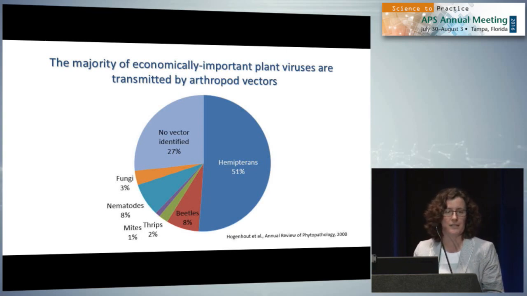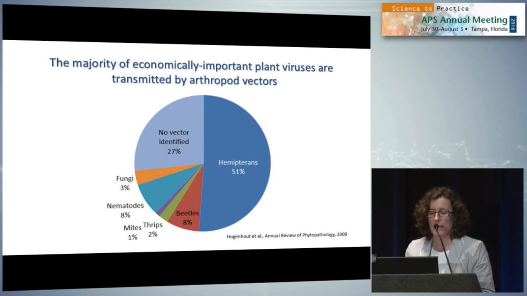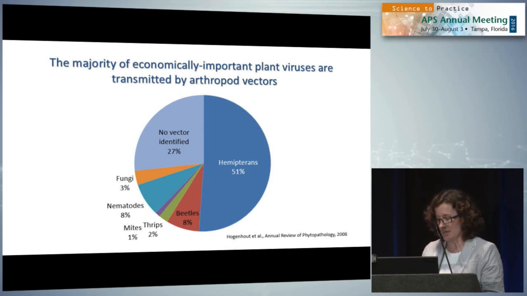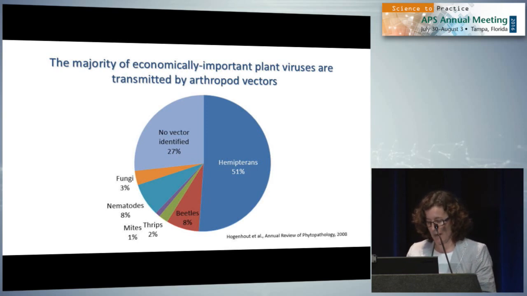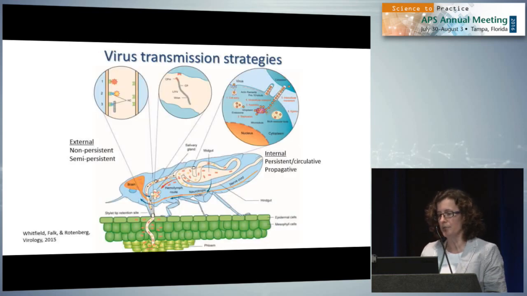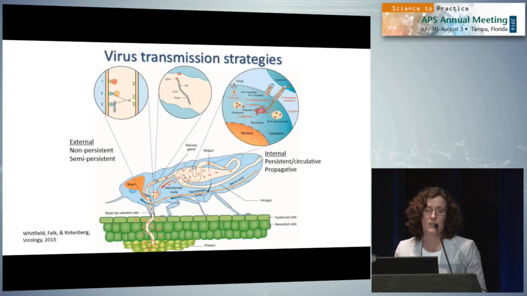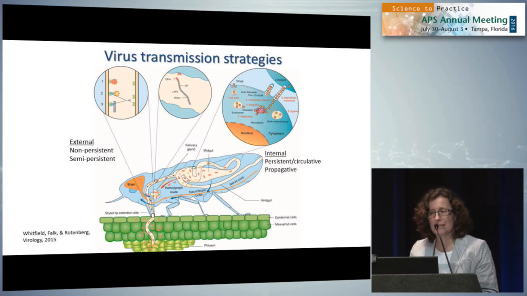They're very good at delivering viruses to plant cells, which they need, a living plant cell, to replicate. Then we also have some beetle transmission, thrips, and soil-borne viruses that are transmitted by nematodes, fungi, and other protozoans. And there are a few of these acute viruses that have no identified vector, or no biological vector.